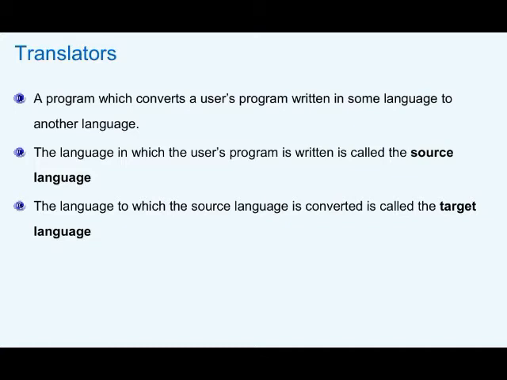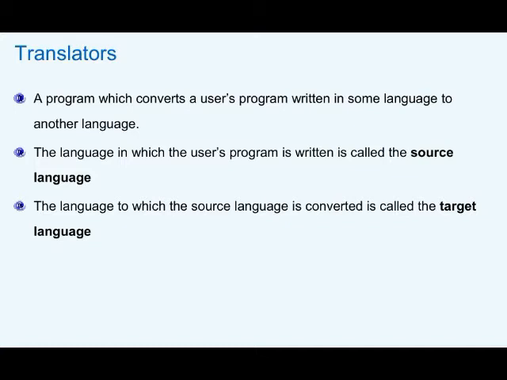We need some other language to write our program, but this program cannot be understood by our machine. So in that case, we need some translator in between to convert that program which has been written by us in a language like we have seen already, assembly language, high level language, to be converted into the machine language.